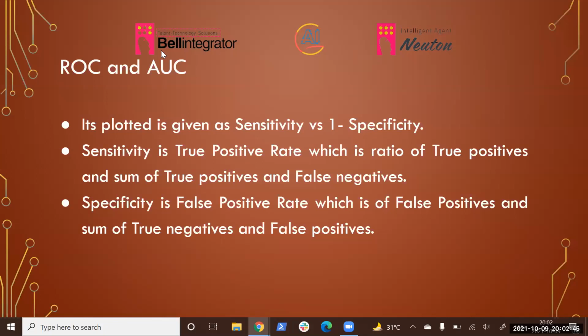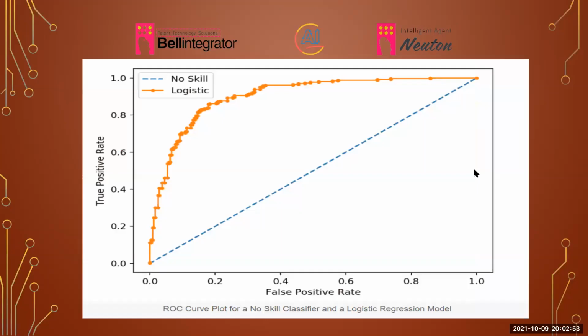We'll take a very simple example, and I want you guys to work along with me in this. Before that, let me show you how a ROC curve looks, and then we'll jump onto the Excel sheet and start working. As I said, the true positive rate is on the y-axis, the false positive rate is on the x-axis.